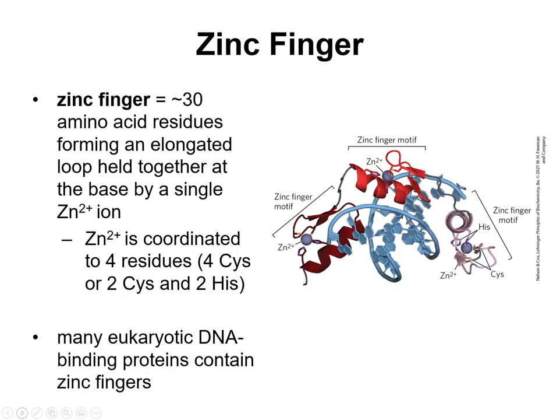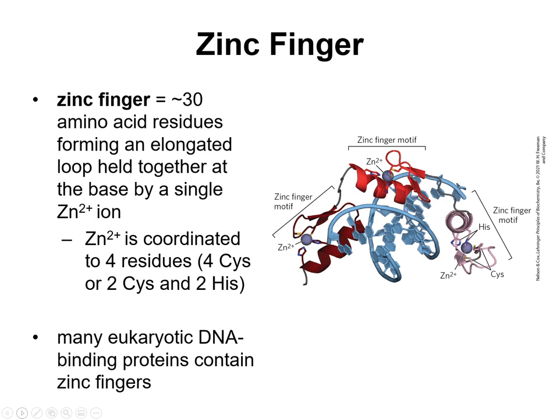Another motif you'll see very often is called the zinc finger. It's a little bit bigger than a helix-turn-helix, about 30 amino acid residues, and it's pretty much an elongated loop, and it kind of looks like a finger. And it's held together by a zinc ion. That zinc is coordinated by four residues, either four cysteines or two cysteines and two histidines.